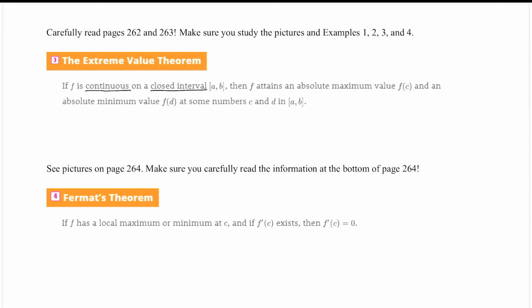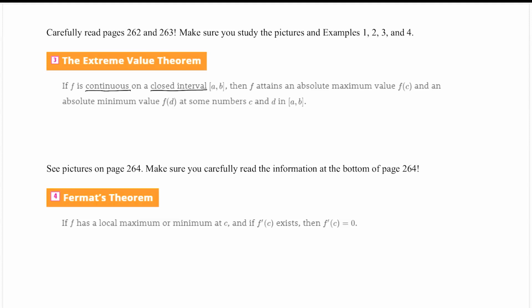So then we have this extreme value theorem, and again, when it comes to theorems, having the conditions met is so important. So in order to be able to apply this theorem, you have to have a function that's continuous on a closed interval. And if that's the case, then there has to be an absolute maximum value and an absolute minimum value somewhere in that interval, which, note to self, could be at the endpoint.